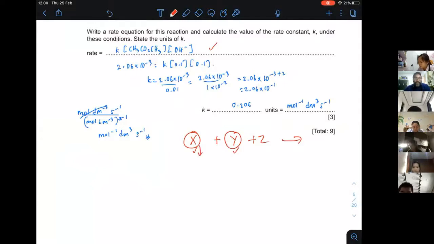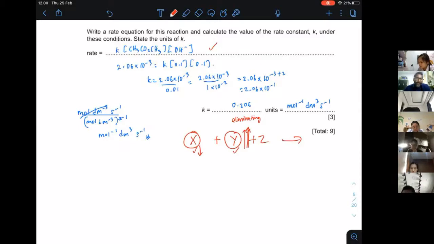We can increase the concentration of Y. When you do that, you are eliminating the influence of Y on the rate of reaction.